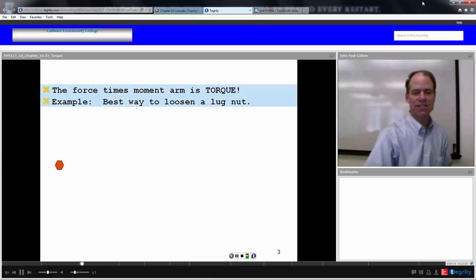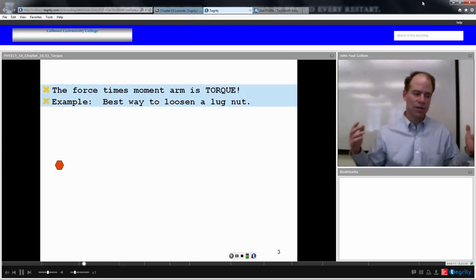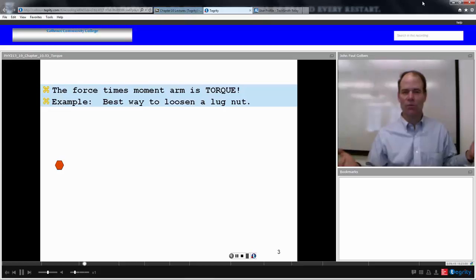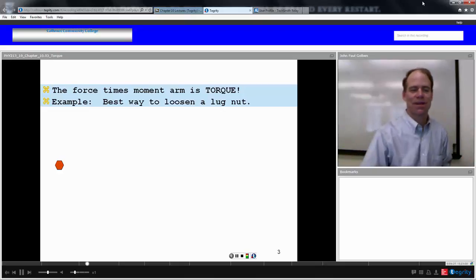Let's say you got stuck on the side of the highway and you have a flat tire and you have to deal with that situation. What are you going to do? Well, you could call somebody up and have them come out and help you, or maybe you could try to change the tire yourself. So you go in the back and you find a wrench.